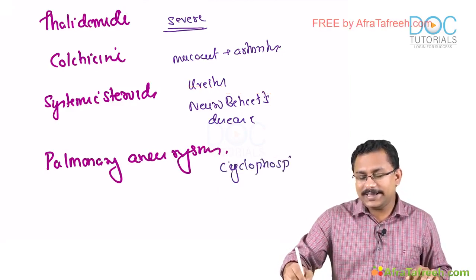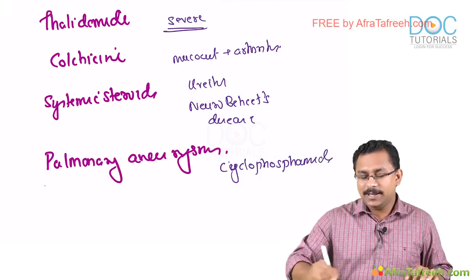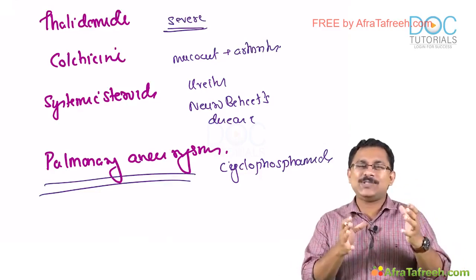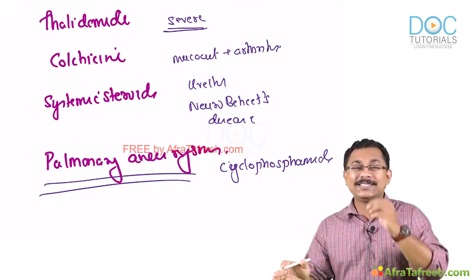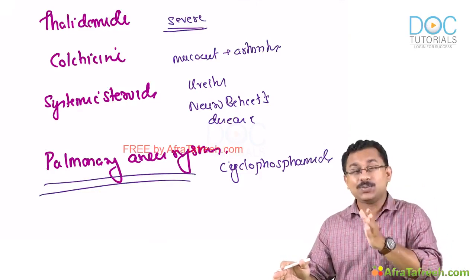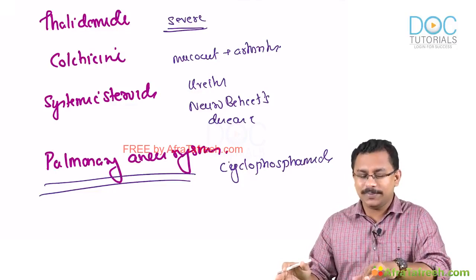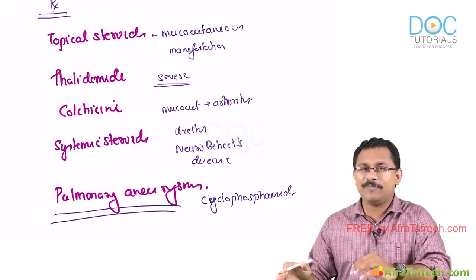Now this is an interesting feature, this pulmonary aneurysm, because in the vasculitis which we have discussed so far, we have never discussed pulmonary aneurysm. So this is one vasculitis that can produce a pulmonary aneurysm. So this is very important. So that's it about the treatment of Behçet's disease.